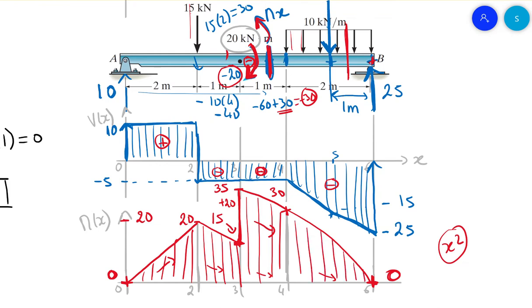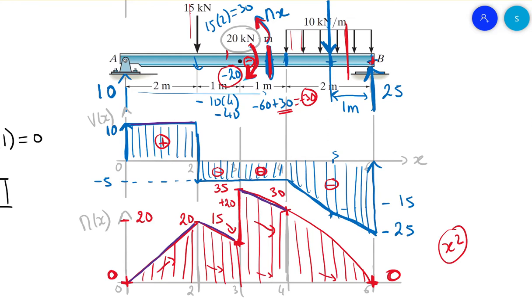What I really want is the shape of the curve. What you have to remember is that when the shearing force is constant, the bending moment increases or decreases linearly. So this part is a line, this part is a line, this part is a line.